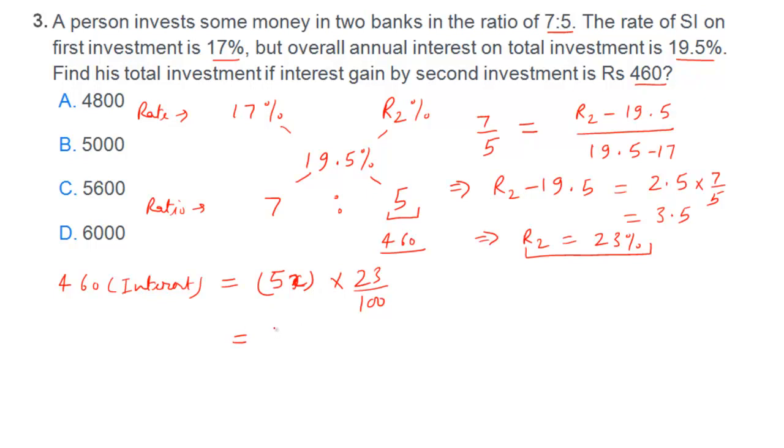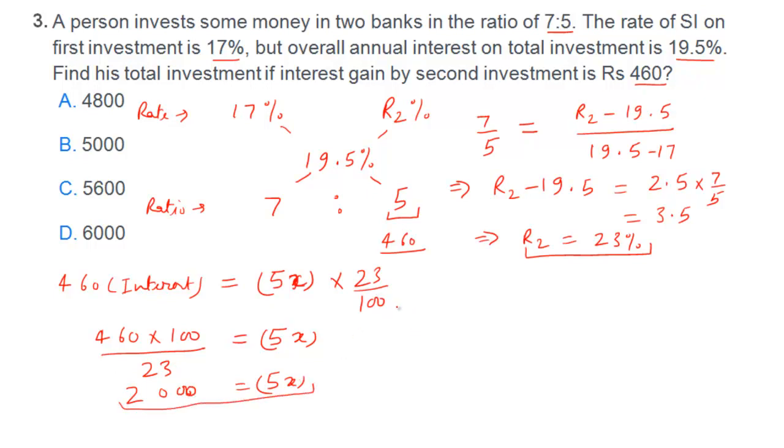So that will give me this investment 5x is equal to 460 multiplied by 100 divided by 23. Further I can simplify it, this is 2000. So 5x is 2000, and you have to calculate 12x.